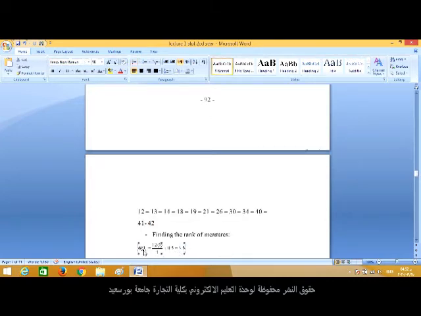RQ1, the rank of the first quartile. Now n is 12, the number of observations, multiplied by 1, which is the first quartile, divided by 4, which is the number of parts into which the quartiles divide the data set.